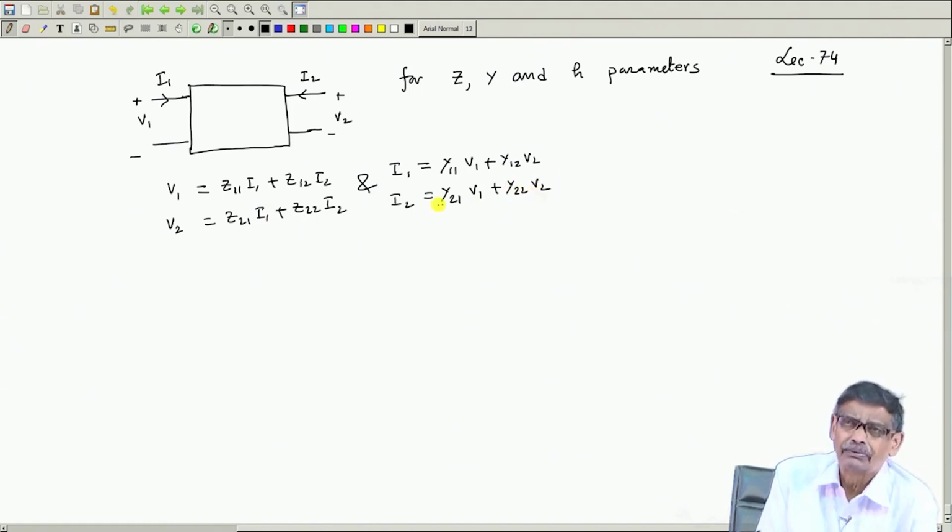These two equations are one and the same, but remember that Y11 is not 1 over Z11, that we have discussed.